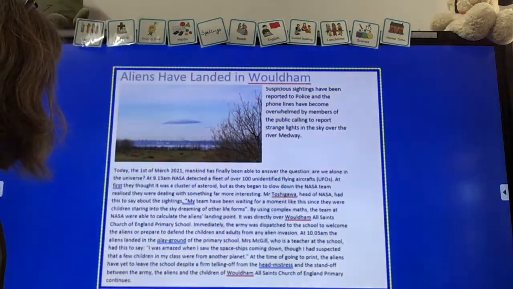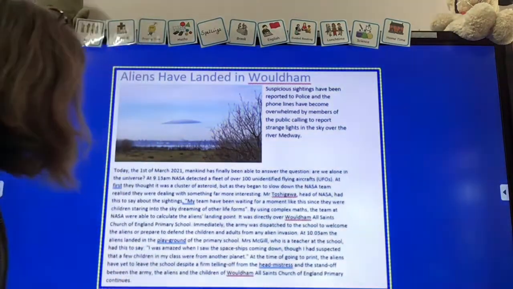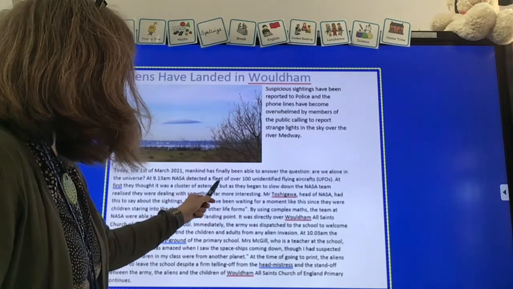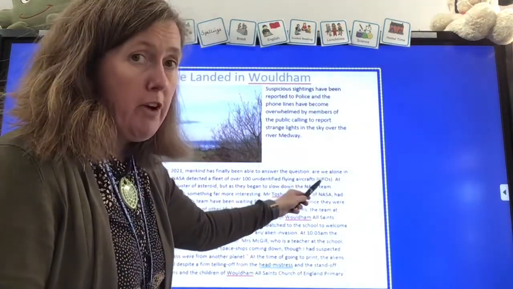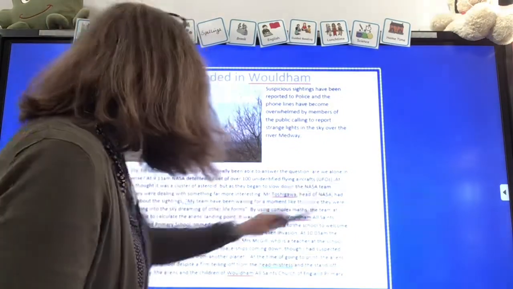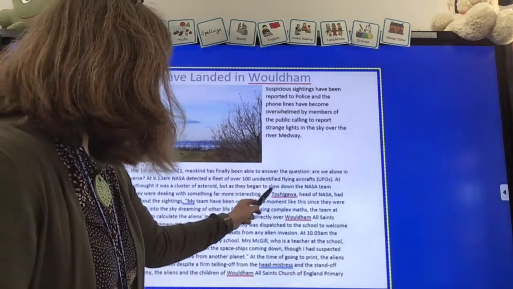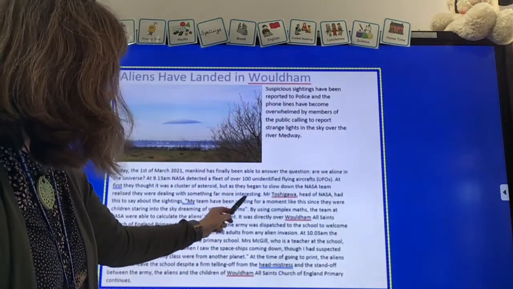Are we alone in the universe? Rhetorical question there. At 9:13 a.m., NASA detected a fleet of over 100 unidentified flying aircraft. I put UFO in brackets just so that we know. At first, they thought it was a cluster of asteroids, but as they began to slow down, the NASA team realised they were dealing with something far more interesting.